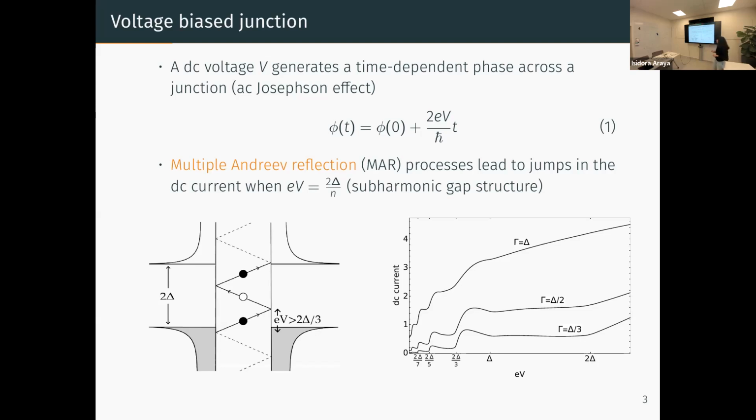And so this gives this subharmonic gap structure to this DC current, where you have sudden jumps whenever a new MAR trajectory becomes possible. So this is typically when you have integer subdivisions of the gap.